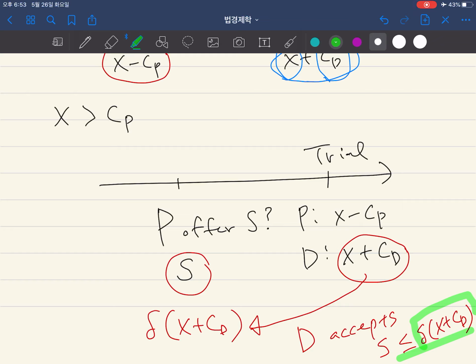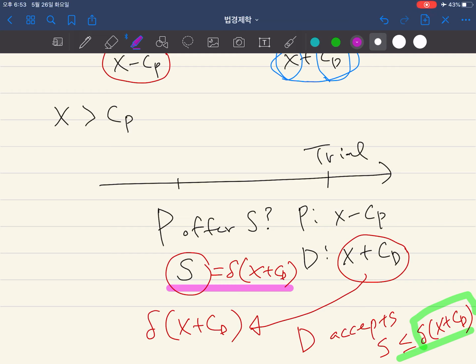So therefore, plaintiff is gonna demand exactly this much today.